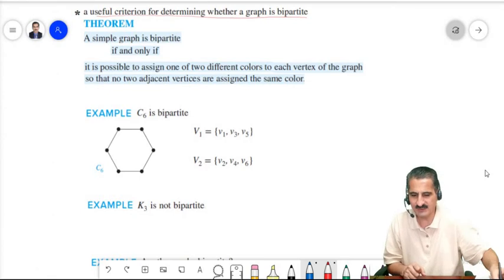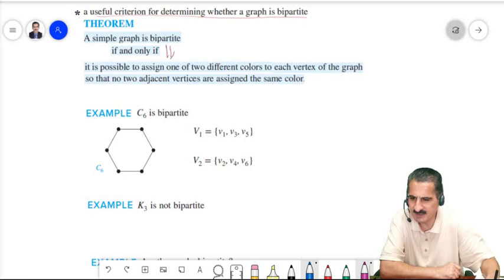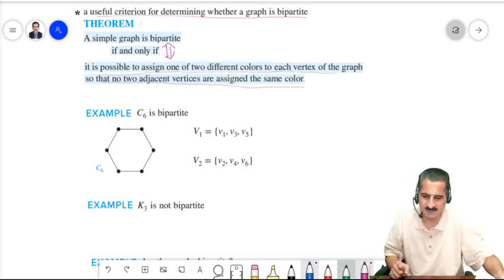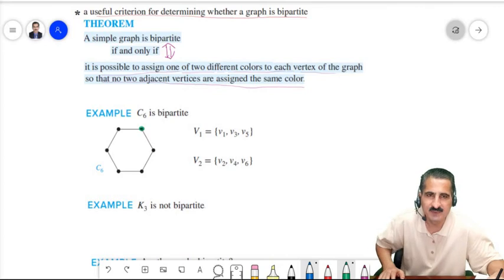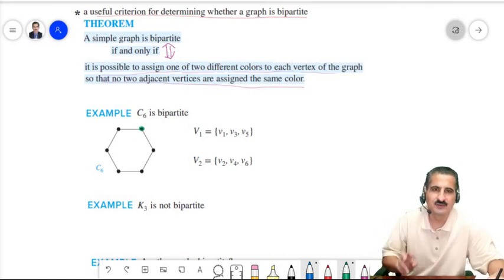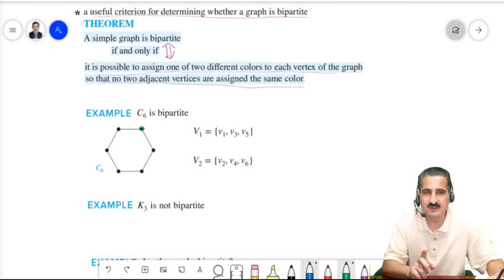Now this theorem says a simple graph is bipartite if and only if it is possible to assign one of two different colors to each vertex of the graph so that no two adjacent vertices are assigned the same color. What does that mean? Look what I do in this example. I will try to make two colors, so that every edge connects two vertices with different colors, and no edge connects two vertices of the same color.